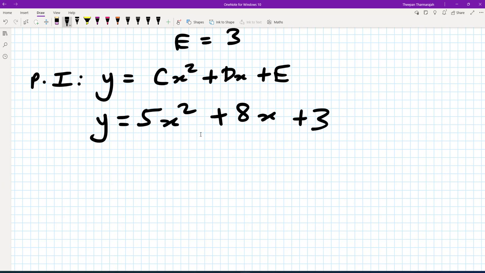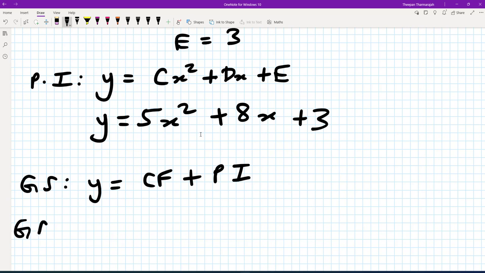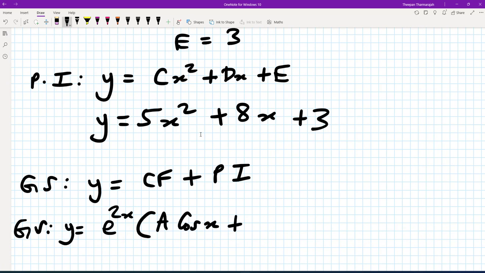So now we can say that the general solution is always y equals the complementary function plus the particular integral. So the general solution in our case, y is going to be e to the power 2x, a cos x plus b sin x.